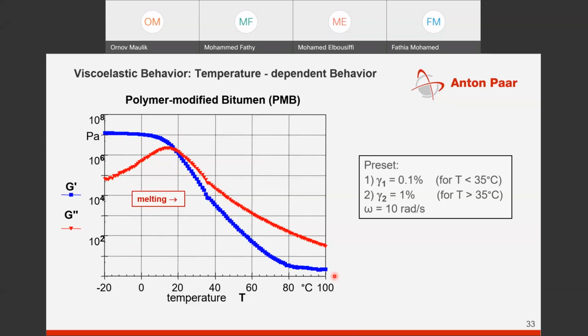At 100 degrees Celsius, the magnitudes of G double prime and G prime are increasing. That means it is becoming more and more liquid-like, because at a very high temperature, a bitumen sample also acts as a Newtonian fluid. So as you increase the temperature, you will see that the magnitude of G double prime is pretty much higher than that of G prime.